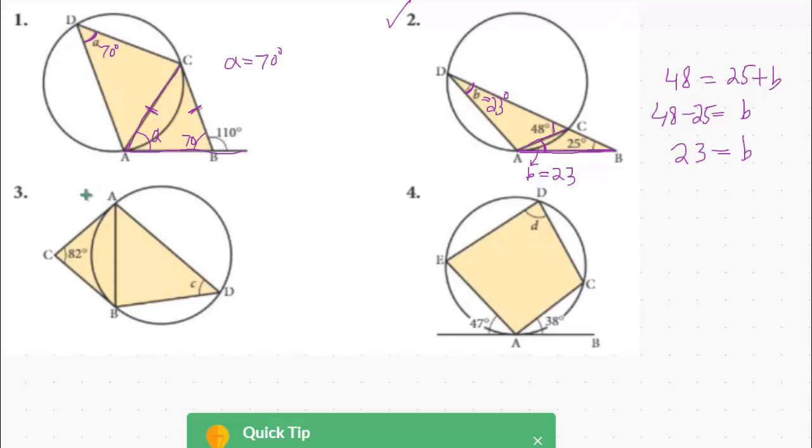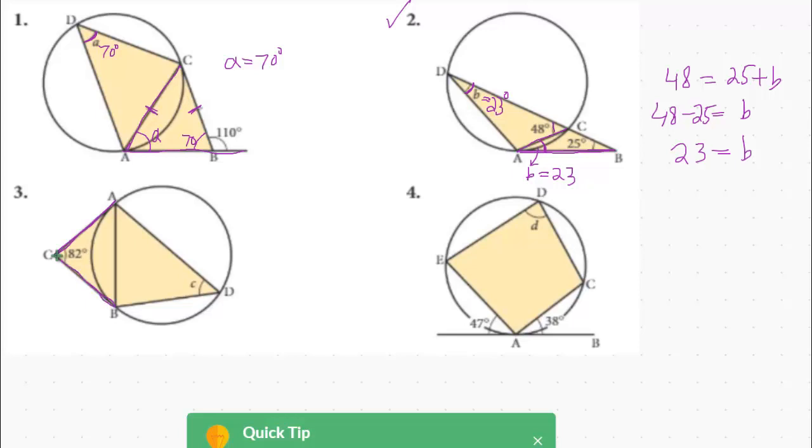Now let's come to question number 3. Here we have two tangents. This is tangent AC, and this is another second tangent BC.